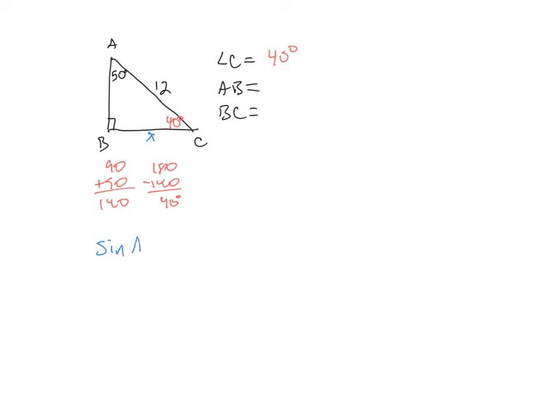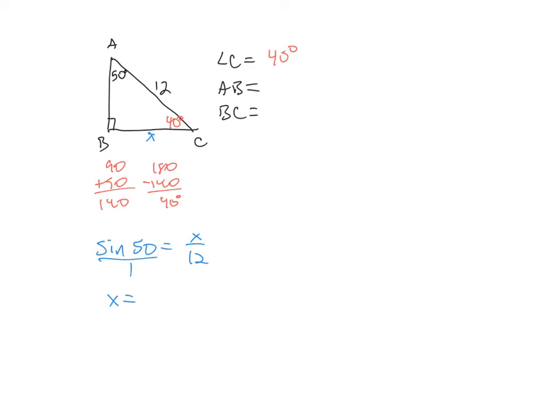So we do sine, and I do know the angle, so I put sine of 50. And then that's X over 12. So this is like the ones we did a few days ago. Multiply diagonals.